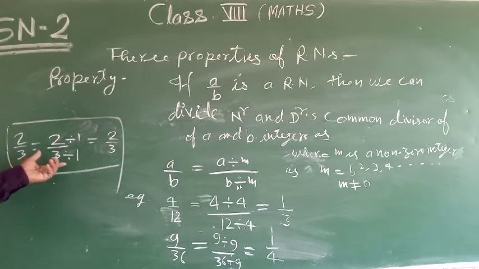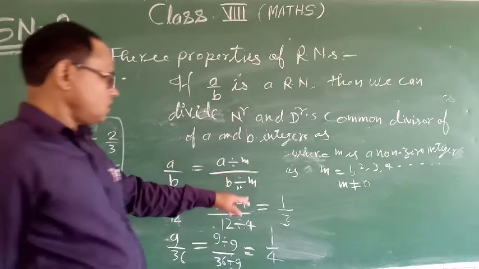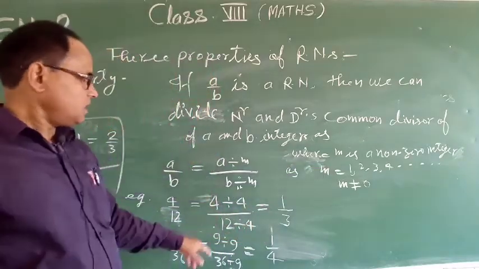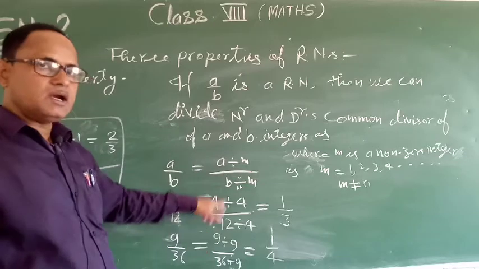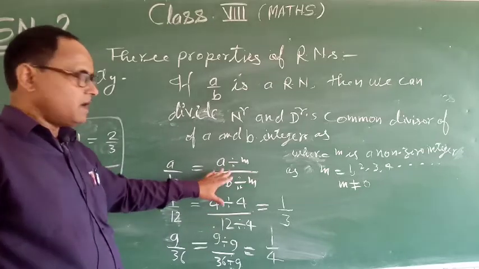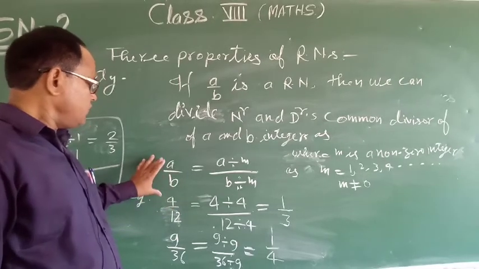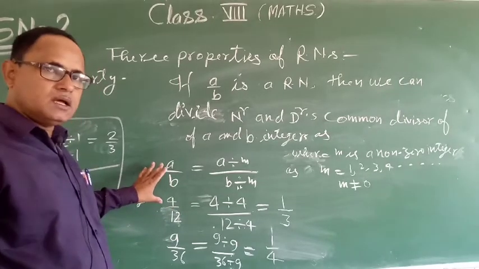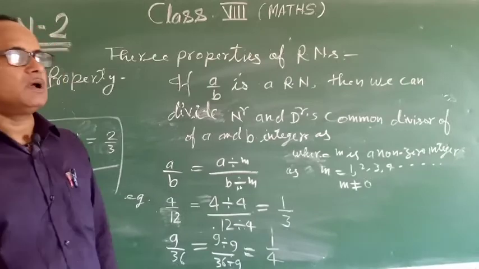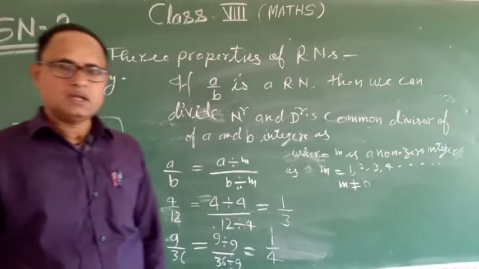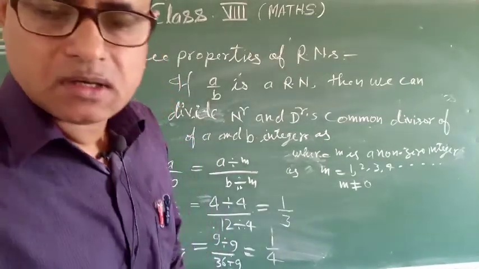Thus we divide or multiply the numerator and denominator by the same number M, by which we can get the equivalent rational number of the given rational numbers. Okay, student?